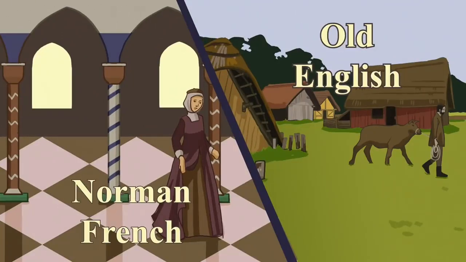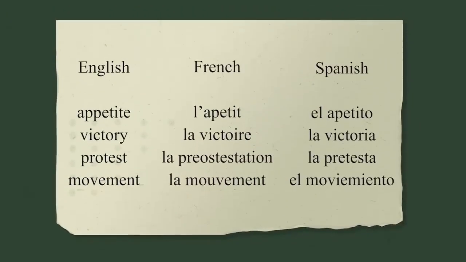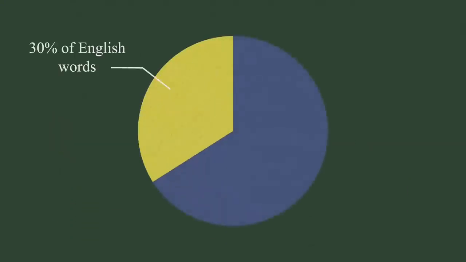After around 100 years of this, the two languages began to merge, creating what we call Middle English. If you've ever wondered why English, a Germanic language, has so many cognates with Romance languages like Spanish or French, this is why. A whopping 30%, or 10,000 English words, are French in origin.